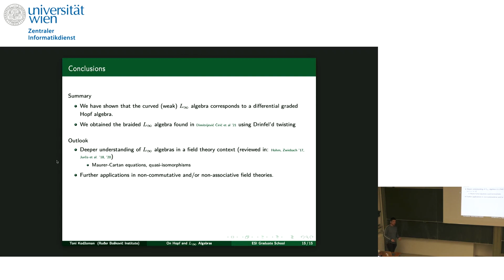And also, just as was the motivation at the beginning, there might be even further applications in either non-commutative or even non-associative theories. That will be all, and thank you for your attention.